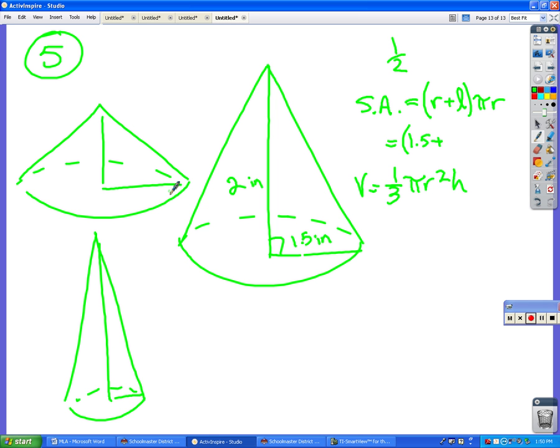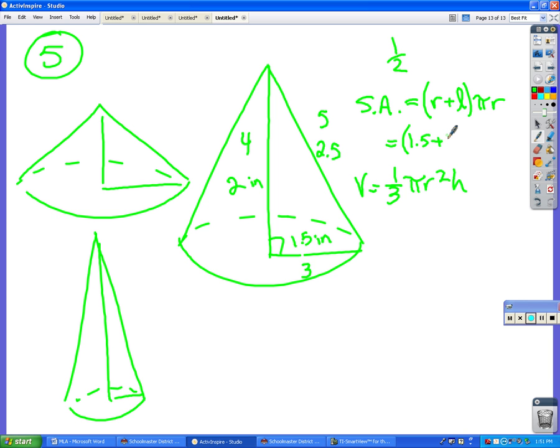What did you say it was? 2.5. How'd you get that? Right, this originally was 4 inches and this originally was 3 inches, so this is a 3, 4, 5 right triangle to start with, and then we dilated it by a scale factor of 1/2, so this becomes 2.5.